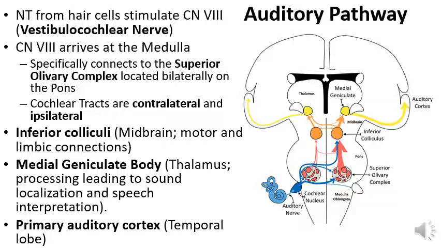Regardless of its name, it's strictly a sensory cranial nerve, and it arrives at the medulla. And at that point, it specifically gives its branches off to something called the superior olivary complex, which is nothing more than some nuclei located on either side of the pons.